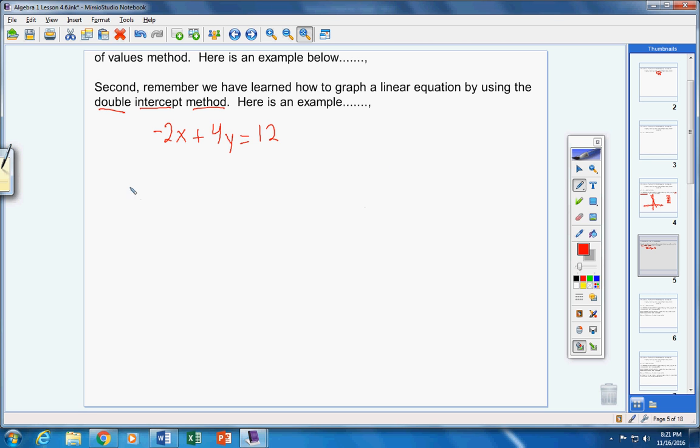So in order to find the x-intercept, you put 0 in for not x, but you put 0 in for y. So negative 2x plus 4 times 0, put a 0 for the y right here. 4 times 0 is 0, negative 2x plus 0 is negative 2x. Divide both sides by negative 2 and you get negative 6. So there's the x-intercept, alright? Negative 6.